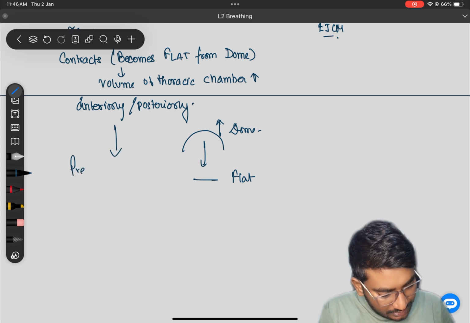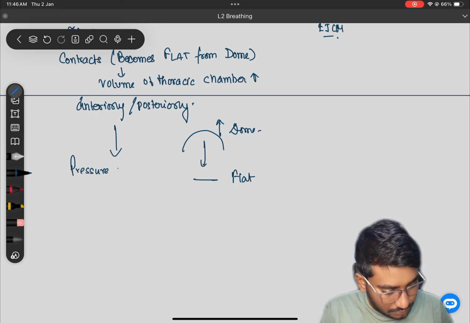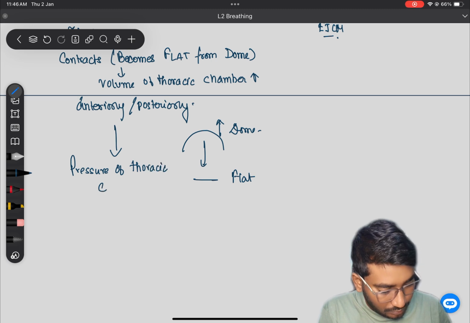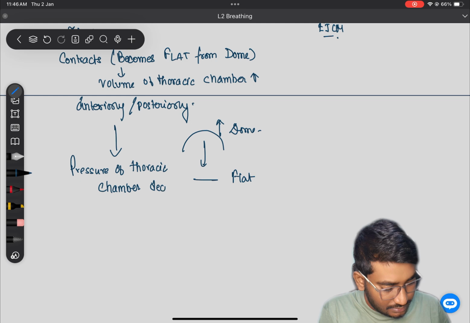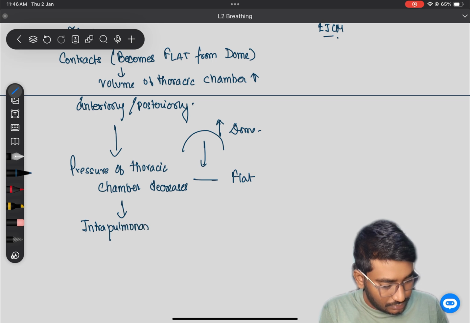So the pressure of the thoracic chamber decreases, thus the intrapulmonary pressure decreases.